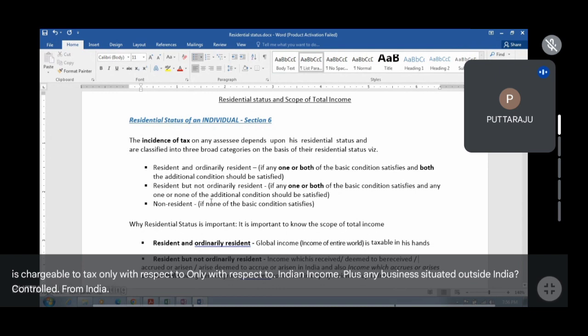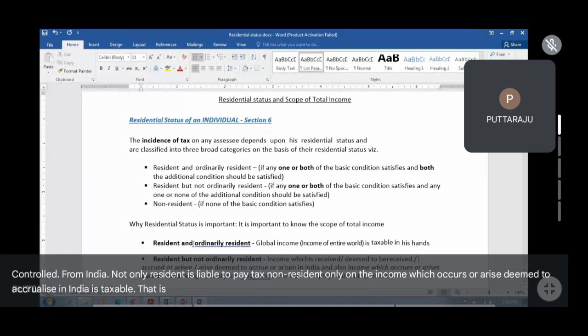Not only that, a non-resident is liable to pay tax only on income which accrues or arises, or is deemed to accrue or arise, in India. That is the scope of incidence of tax for resident and ordinarily resident.